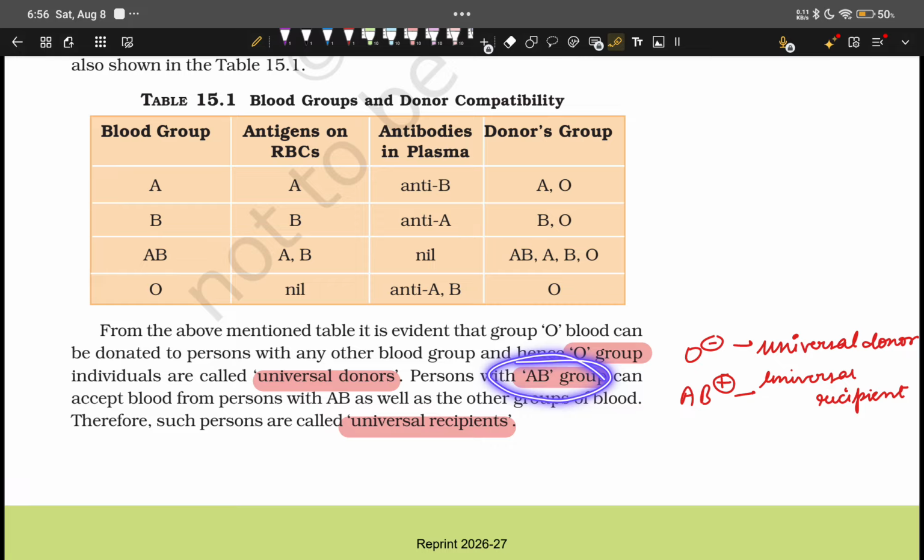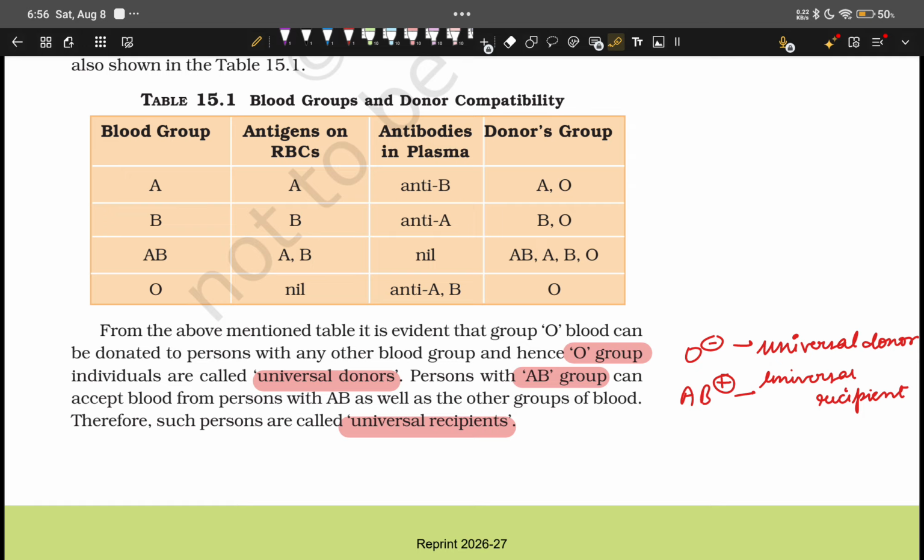And if we talk about AB blood group, then AB blood group has all the antigens, right? It has both A and B antigen. So in that case, it can only take blood, it cannot give blood to anyone, because of all the antigens it has.